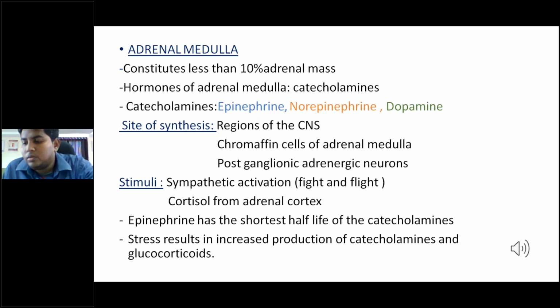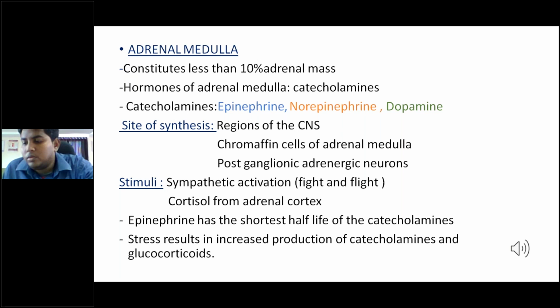Regarding sites of synthesis, as we discussed in development, these come from the neural crest. They can also be synthesized from the CNS, chromaffin cells of the adrenal medulla, and postganglionic neurons. The shortest half-life among these is epinephrine or adrenaline.